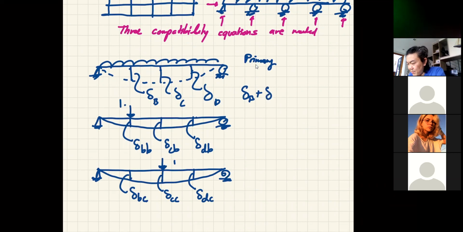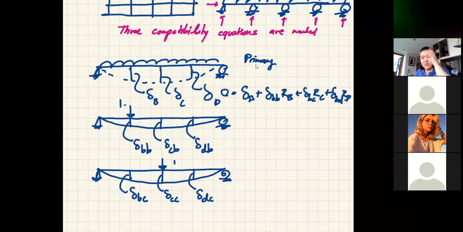So it's delta BB multiplied by RB plus delta BC multiplied by RC plus delta BD multiplied by RD. This is equal to 0. That is one equation. Okay, and you keep doing the same for the rest to come up with 3 equations.